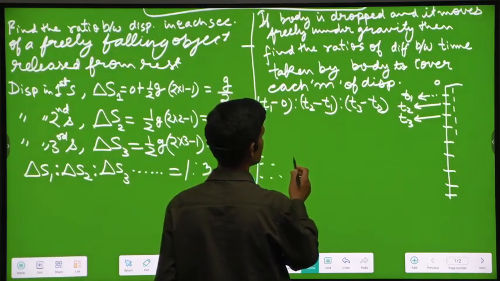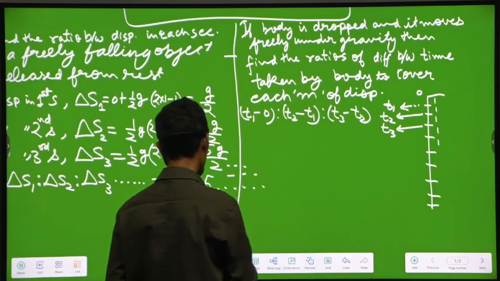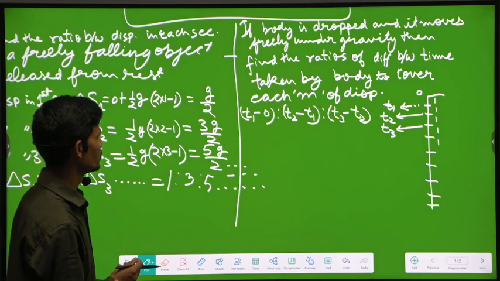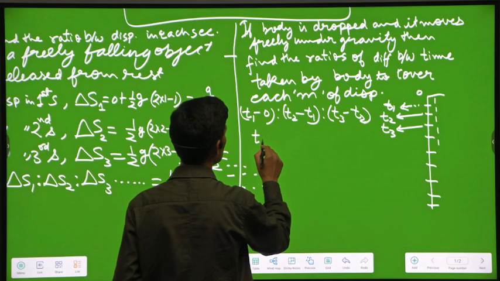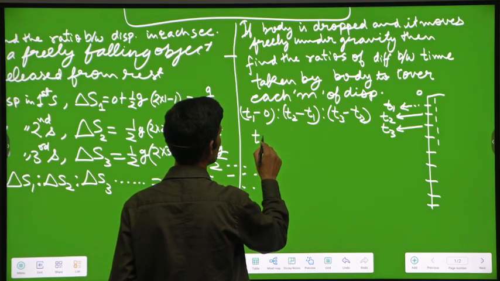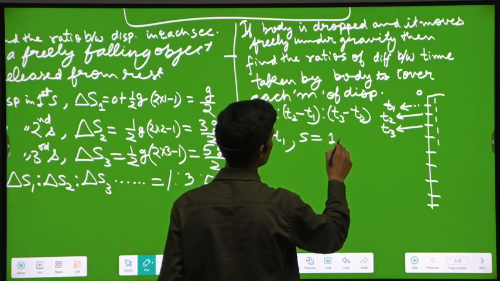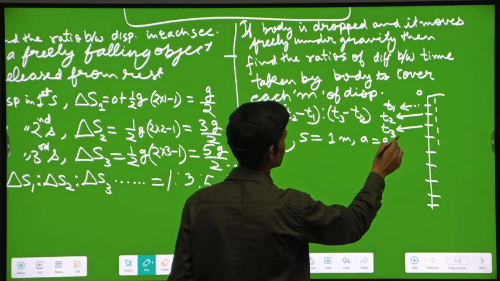Okay, so when t is equal to t1, then s is equal to 1 meter, and acceleration, as we know, is g.